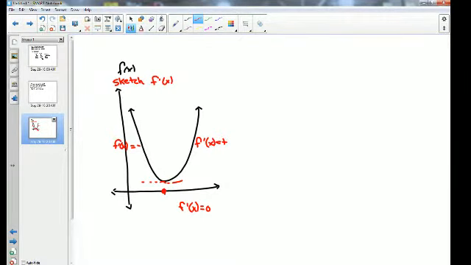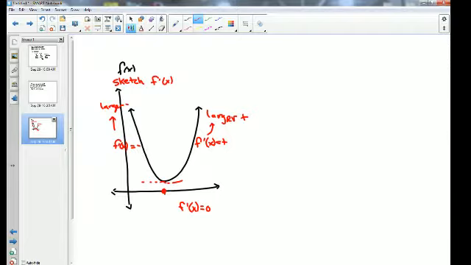Does it get steeper as we go this way? The negative number gets bigger, steeper and steeper. So this would be a larger negative. Would this positive get bigger here, steeper? Yeah, so larger positive. Okay, good.